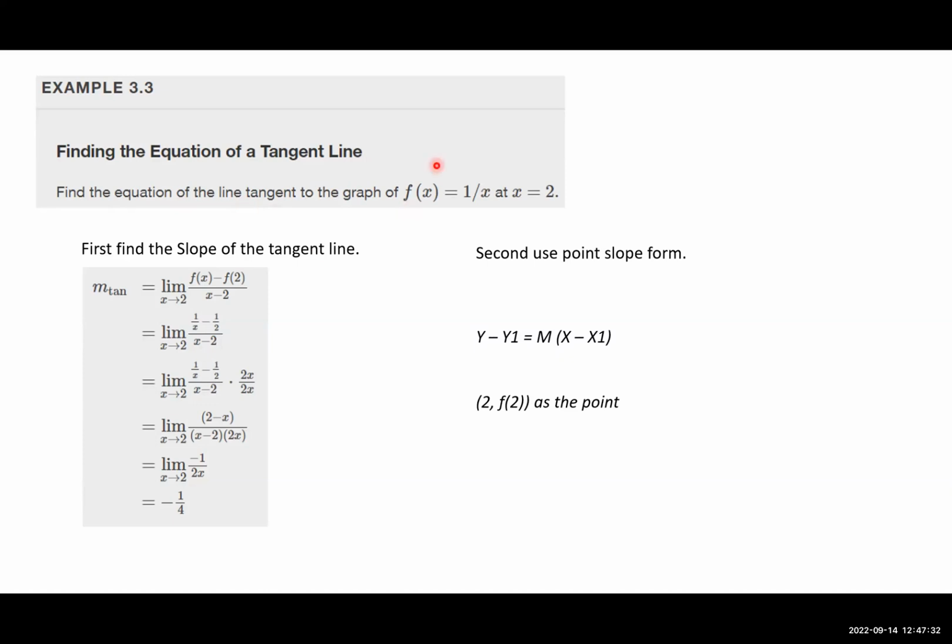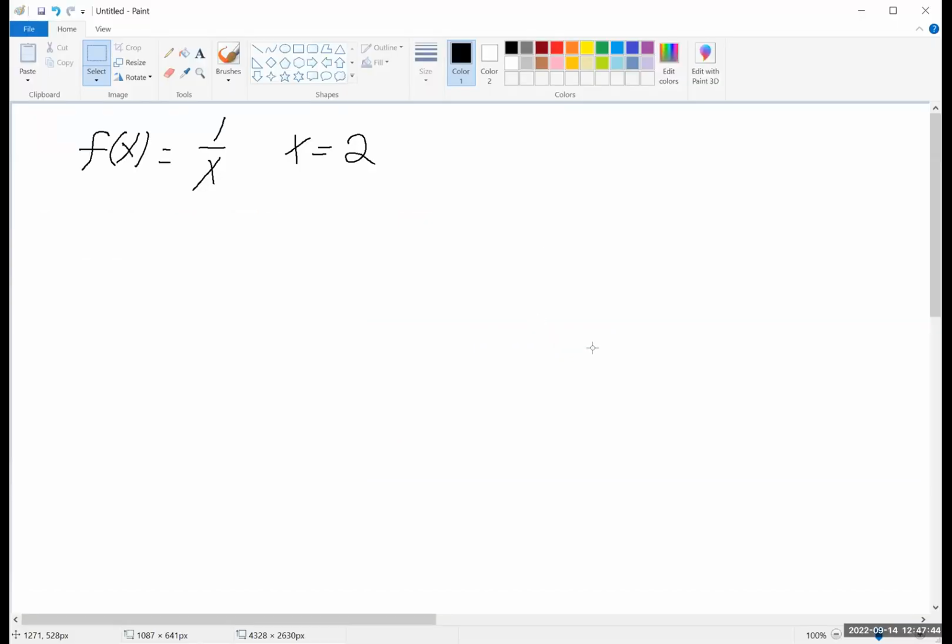Now the function is f of x equals 1 over x at x equal 2. So I've gone ahead and written it on this screen here. Okay, so that's the function. It's 1 over x.